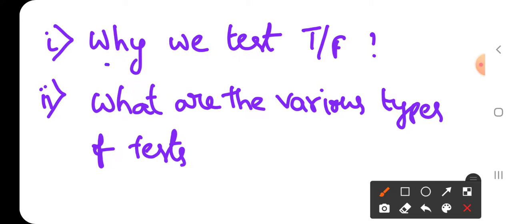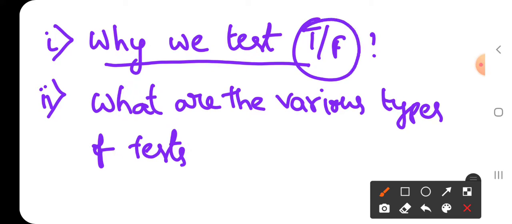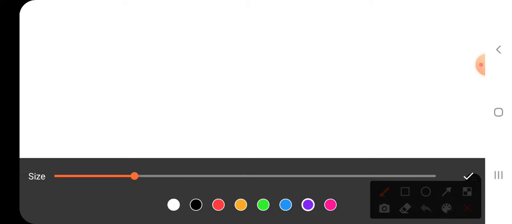If we see the first question, why do we test the transformer? Because we know the transformer, what do you mean by transformer? Transformer is a static device.